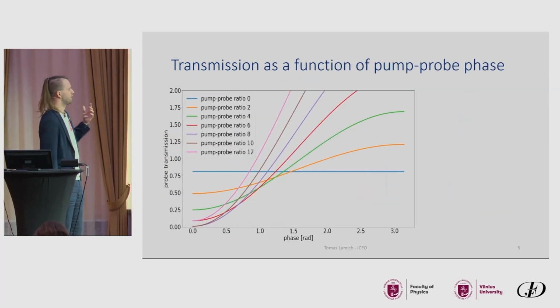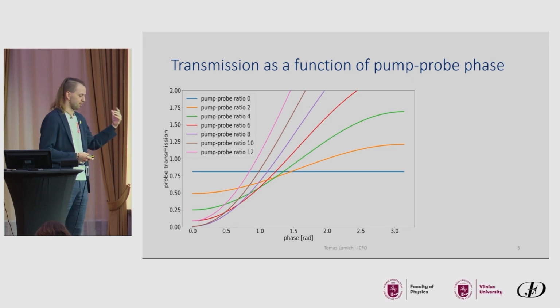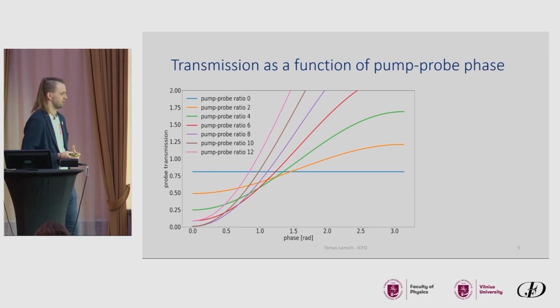So if we start varying the phase, we can see that the transmission actually varies with it. If we have the pump-probe ratio of 0, which is our benchmark, which means the pump is off, we have no relative phase, and therefore we do not expect to see anything.